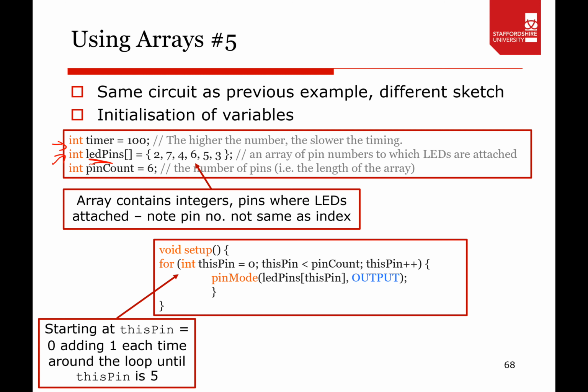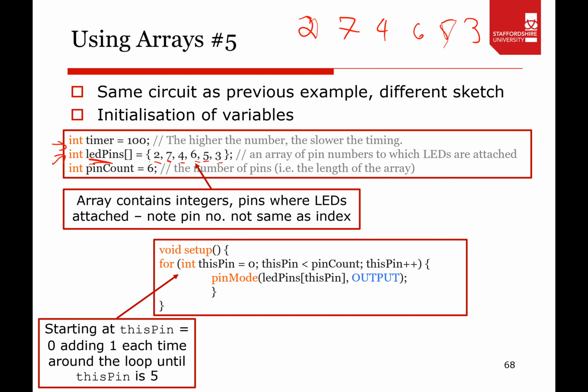However, the order in which they are placed here is the order that the LEDs are going to switch on and off. So the first pin to turn on is going to be pin 2, or the LED connected to pin 2, then pin 7, then pin 4, then pin 6, then pin 5, then pin 3.